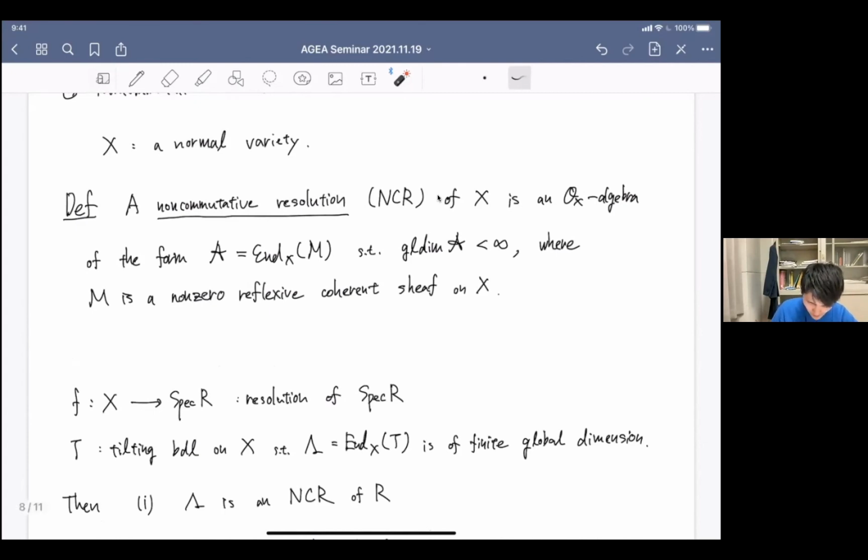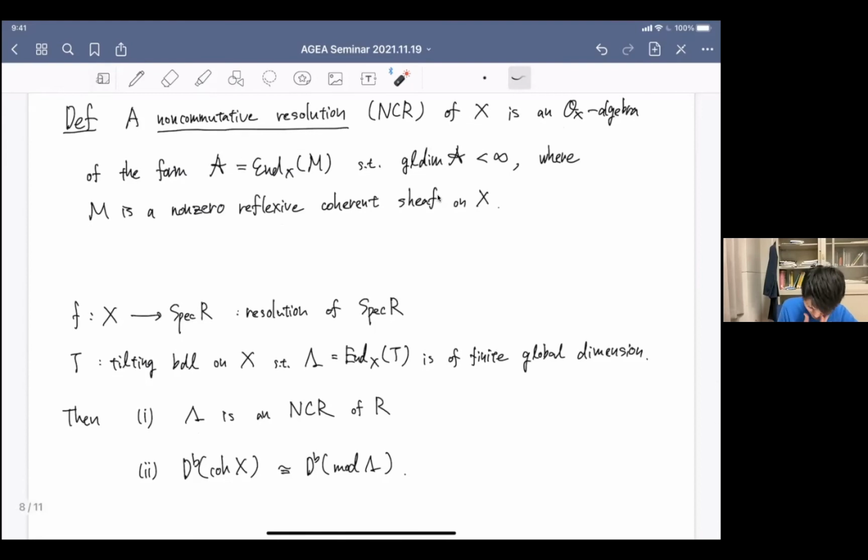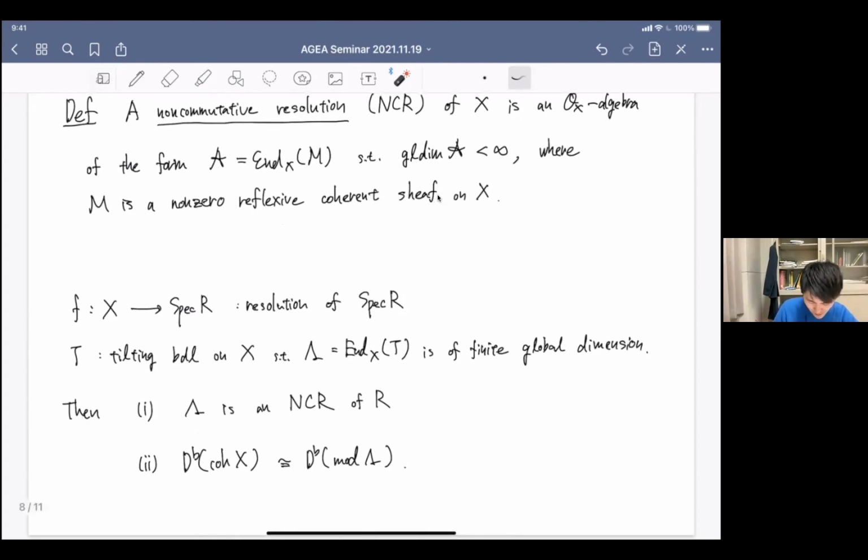So if F is a resolution of Spec R, and if T is a tilting vector bundle on X, such that its endomorphism algebra is of finite global dimension, then this lambda is an NCR of R. And as we saw above, the bounded derived category of coherent sheaves is equivalent to the bounded derived category of finitely generated lambda-modules.